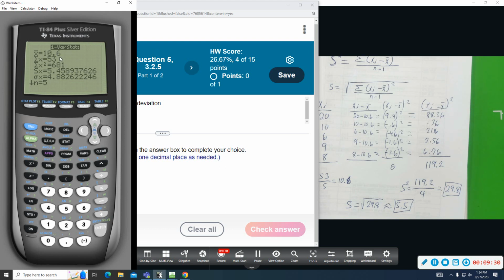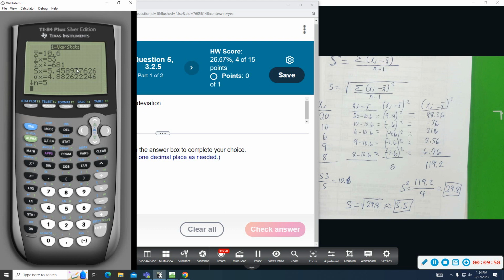Up here, X bar, that's our sample mean, which is what we computed, 10.6. It tells you 53 is the total. That's what we got when we added them up. So this sum X means add up all the values. This sum X squared is something different you can use. SX is the sample standard deviation, which is what we got, 5.45, but we rounded to 5.5.